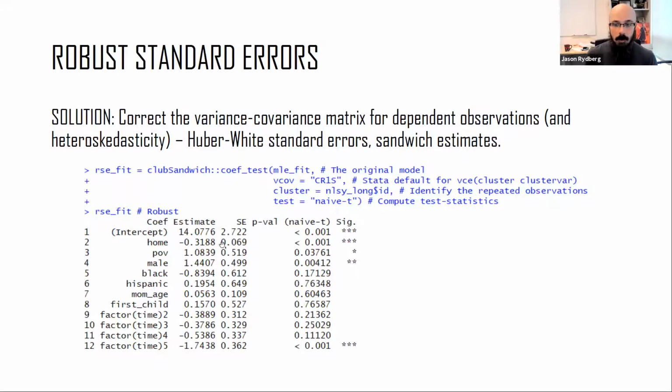But what we've done is correct our standard errors for dependency, for the fact that we have repeated observations coming from the same units, and if there's heteroscedasticity, we have corrected for that as well, which is one of the nice things about using these types of robust estimates. You might notice that this standard error is considerably larger than in the previous model. We're still rejecting the null hypothesis, but the p-value is a little more in line with the potential that we could obtain data like this, assuming that parameter is actually equal to 0.